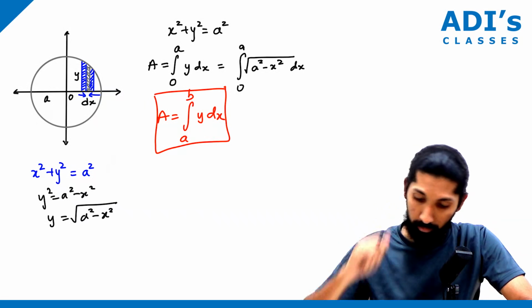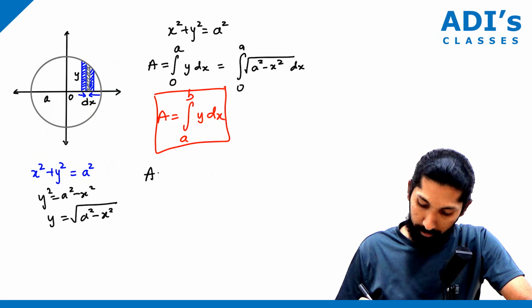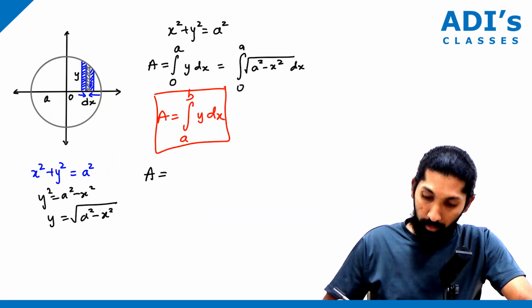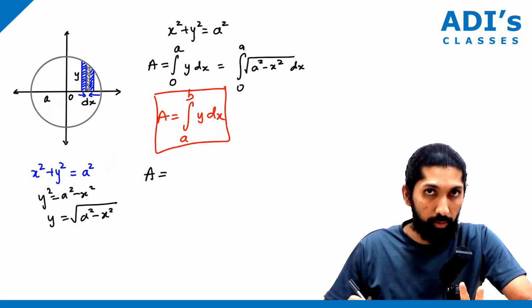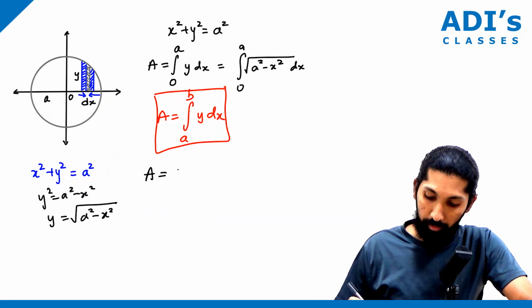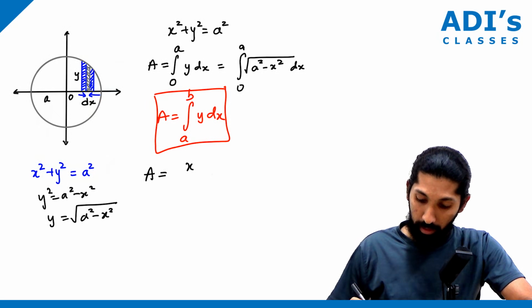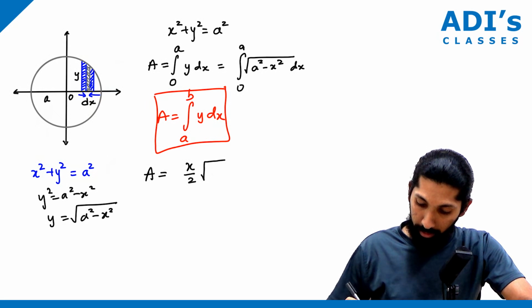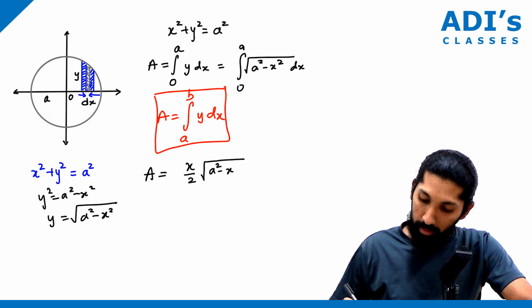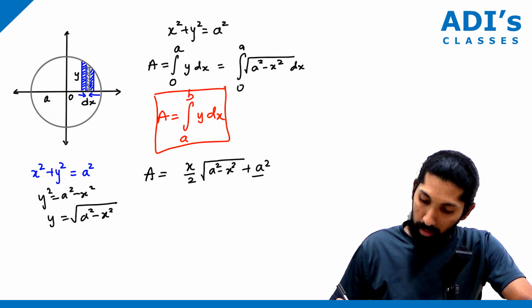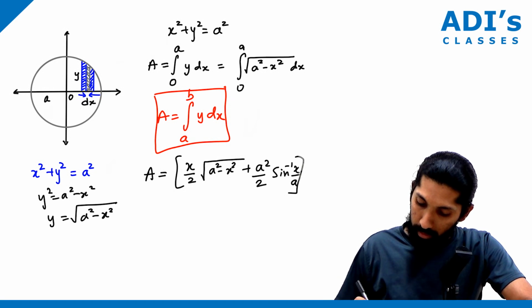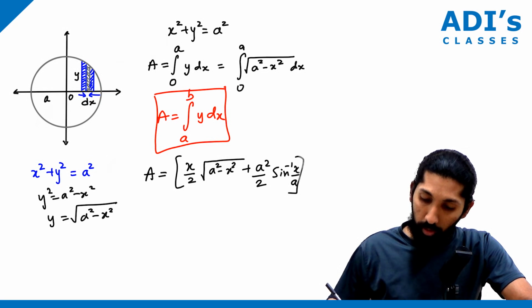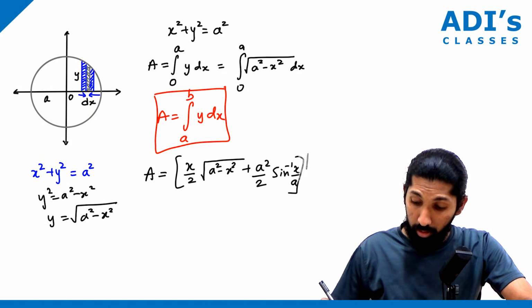Here there are no constants to keep out, just the root, correct? So this is going to become x by 2 into root of a square minus x square plus a square by 2 sine inverse x by a. Now you have to apply the limit, right? And for this question, the limit is 0 to a.